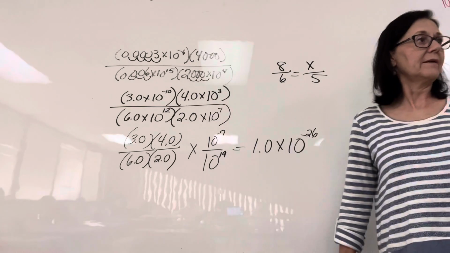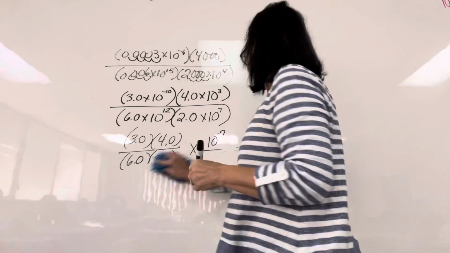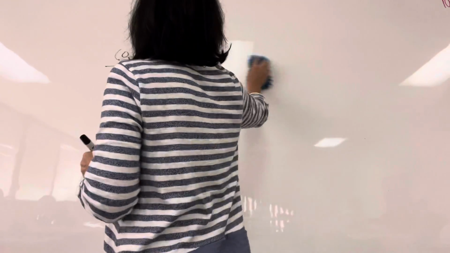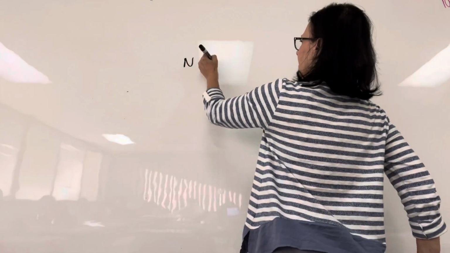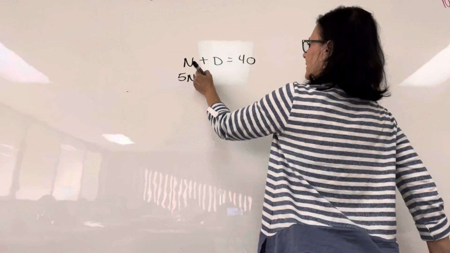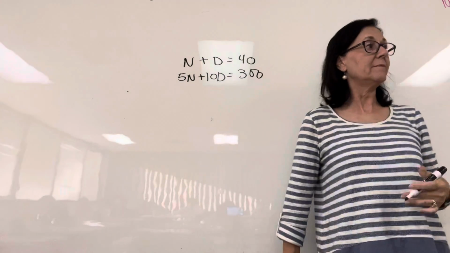Or we can have what we've already had, nickels plus dimes equal 40, 5n plus 10d equals 300, something like that. That's two statements of equality.